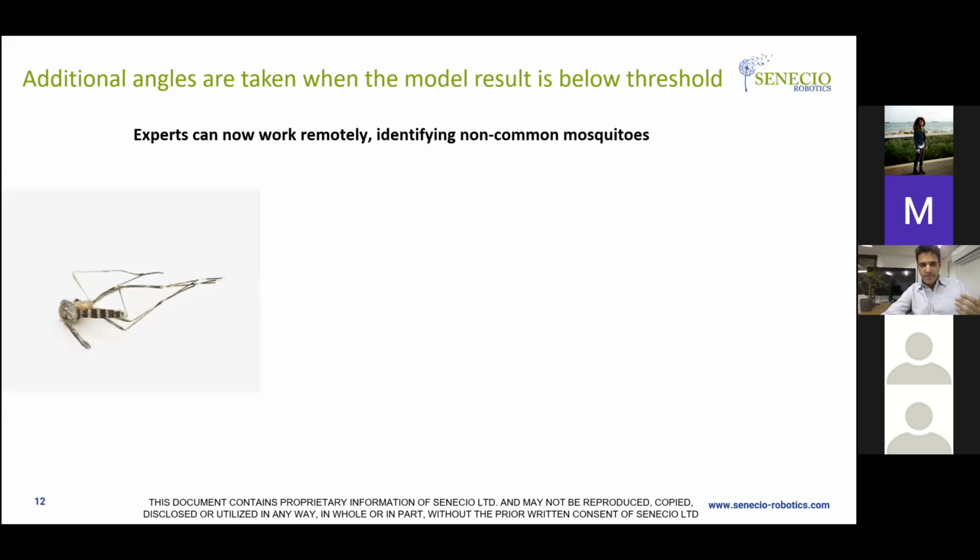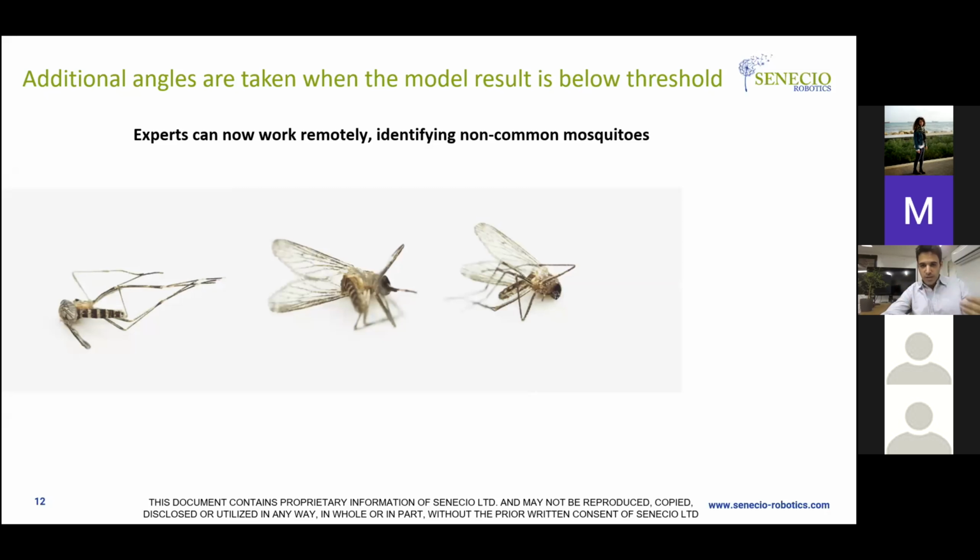That would look something like that. And he can go between the different angles and the different views to try to identify what species it is, depending on, I want to see the abdomen, I want to see the thorax.